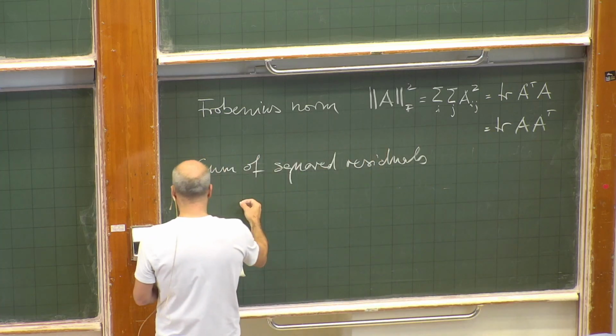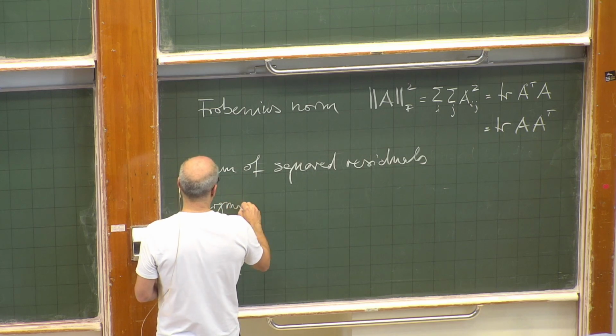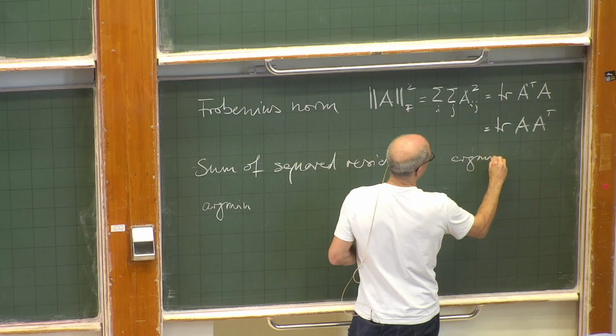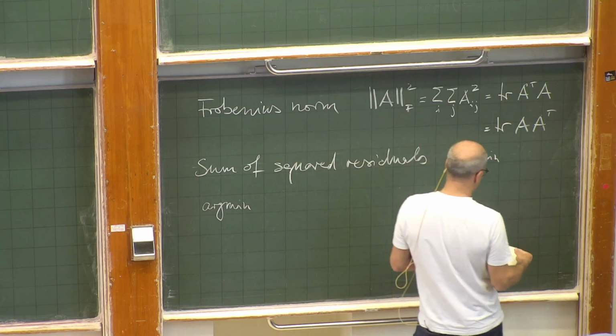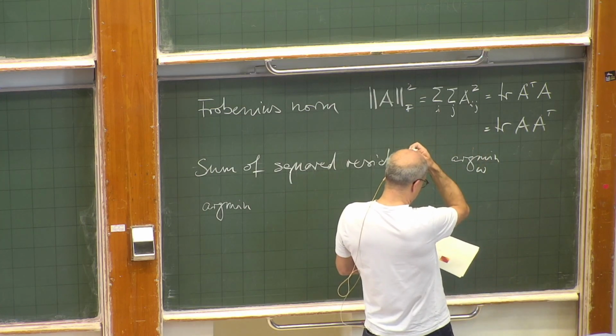And I now want to find this parameter or this direction W, which minimizes that sum of squared residuals.